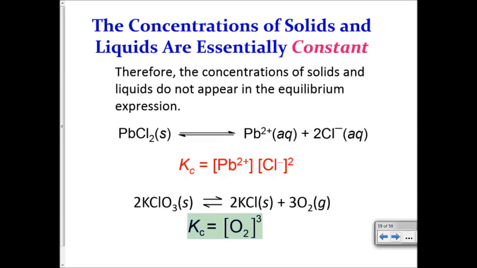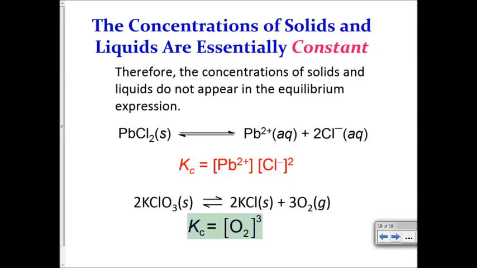So, looking here at particular examples, in this particular case you have lead 2 chloride as a solid in equilibrium with the lead 2 and the chloride ions. Now remember, lead 2 chloride is not very soluble, but a very small amount of it will actually dissolve in the water.